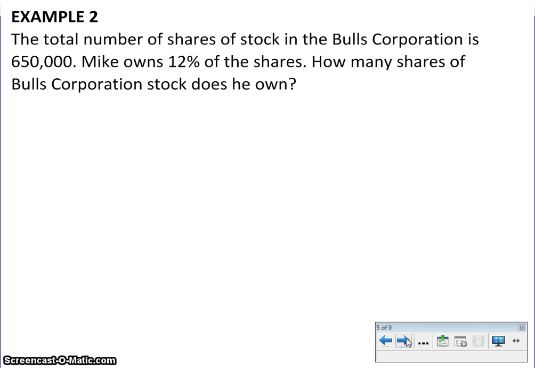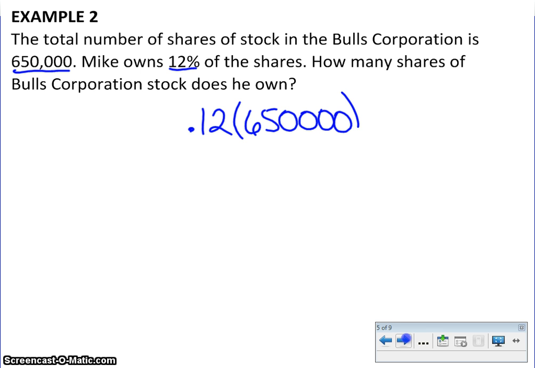All right, example 2. The total number of shares of stock of Bulls Corporation is 650,000. Mike owns 12% of those shares. How many shares does he own? Well, he owns 12%, so as a decimal, that is written as 0.12 of, anytime we're using that word of, we're using multiplication.